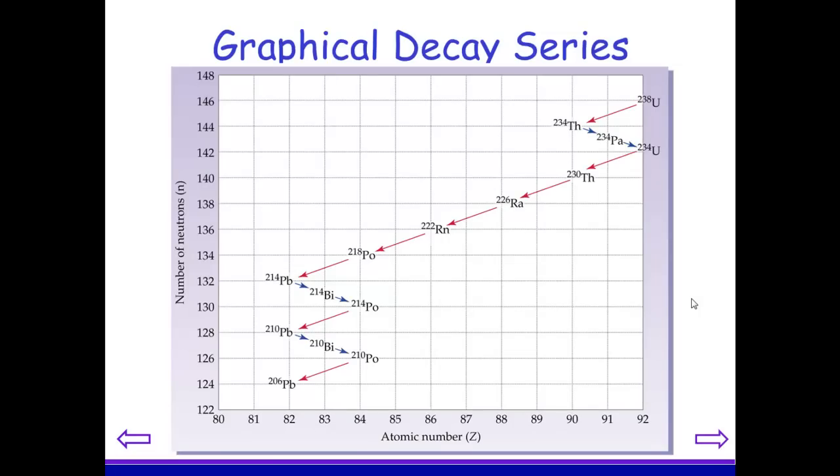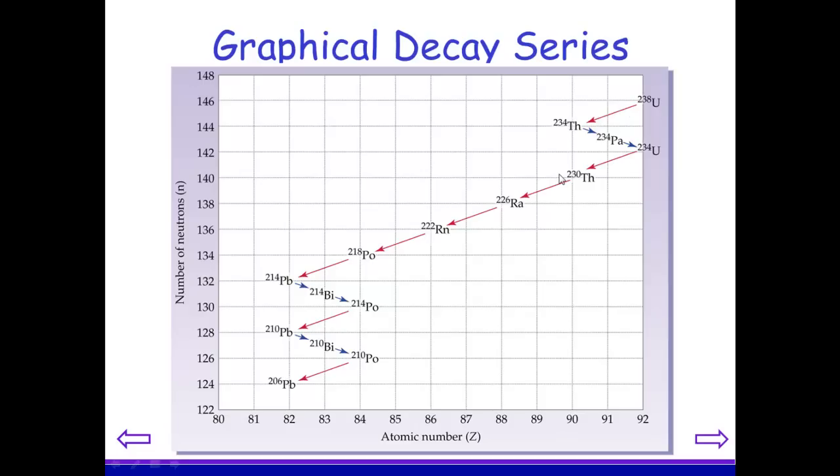So if you think about the formula which you saw earlier with the change from uranium to thorium, the red arrow is an indicator that an alpha decay has taken place. As we can see, the number of neutrons in this situation has dropped by 2, the total number of nucleons has dropped by 4, and the number of protons has dropped by 2.